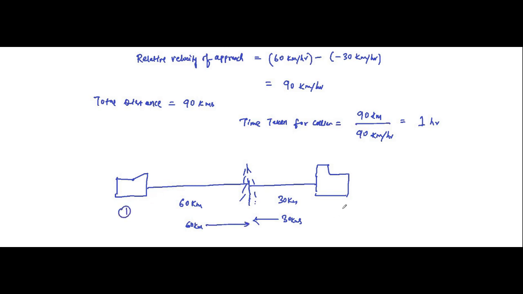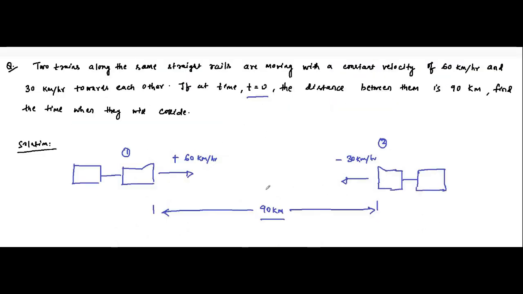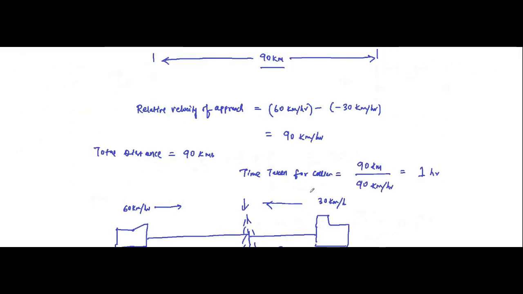Okay, this was point 1, this is point 2. The collision will take place at 30 kilometers to the left of point 2 or 60 kilometers to the right of point 1. Okay, so this is the solution to this question. The time taken for collision is 1 hour.